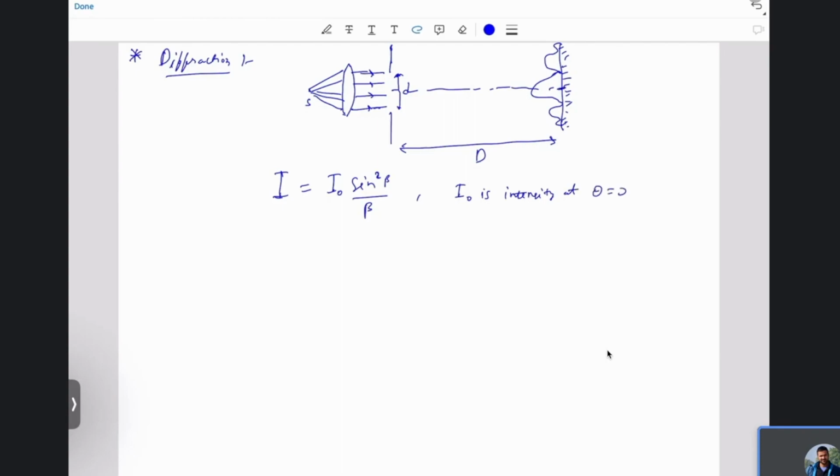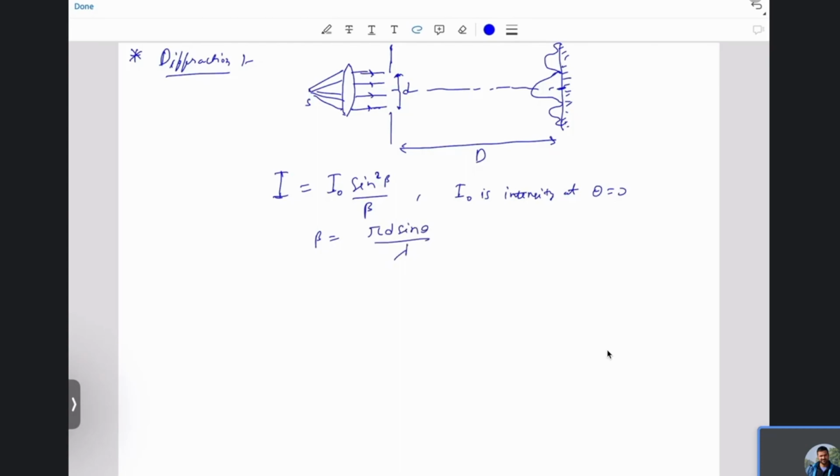And beta is given by pi d sine theta by lambda.